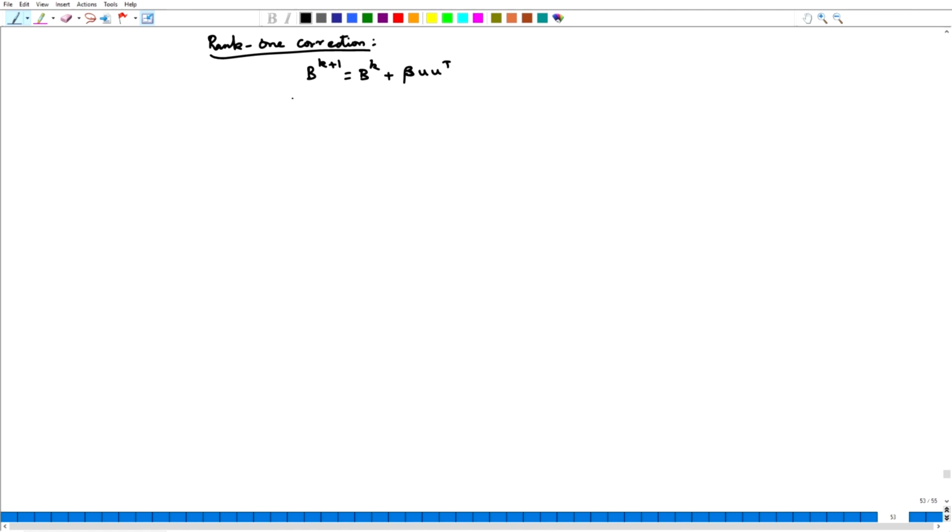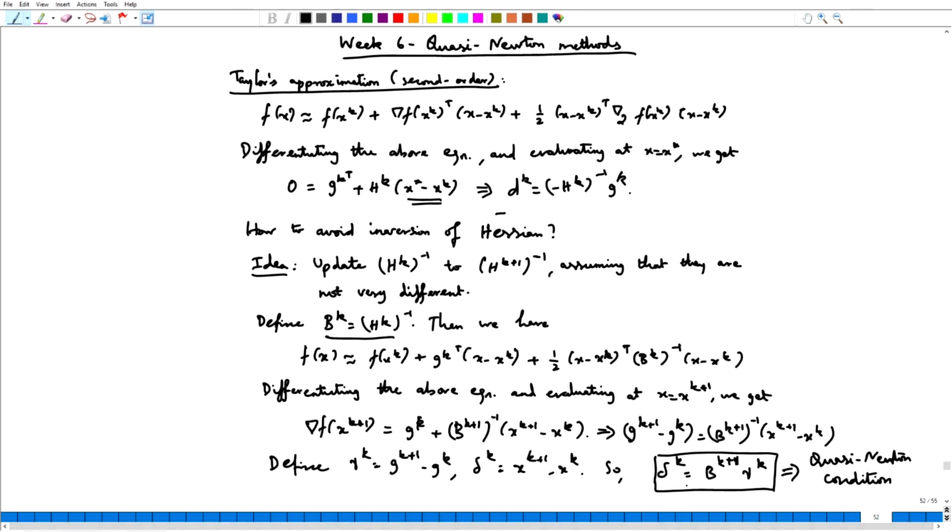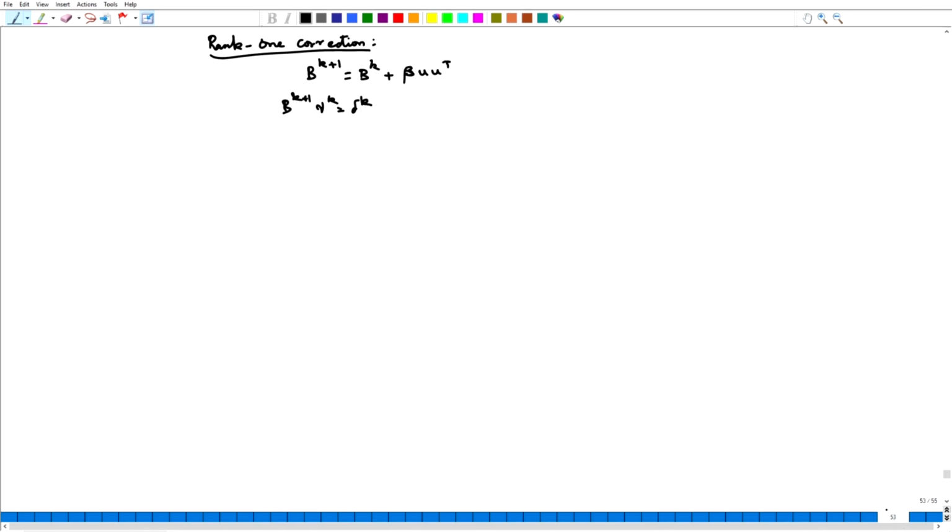Note that we want B_(k+1) gamma_k equal to delta_k, which is what I have written here, the last line, delta_k equal to B_(k+1) gamma_k, right. So, that means B_k gamma_k plus beta u u transpose gamma_k equal to delta_k.